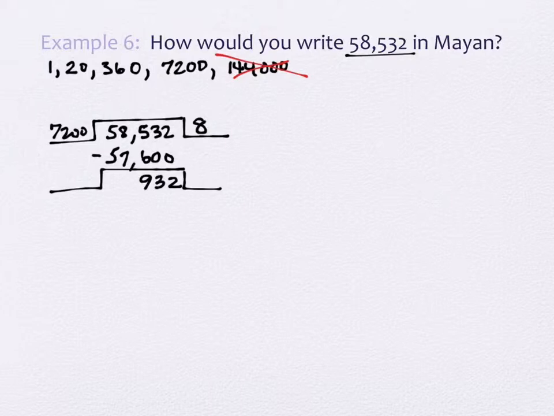So the next divisor in my list is 360. It actually still will go in. How many times will 360 go into 932? Twice, yep. And what is 2 times 360? 720. And when I subtract this one, what do I get?